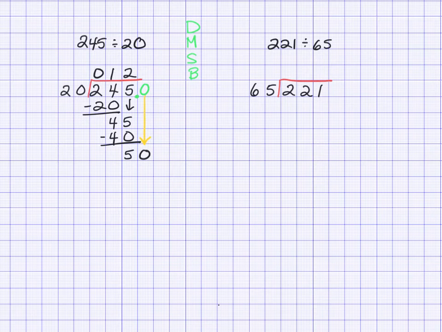So after I bring down, I'm going to go back up to divide. I've got a 50 divided by 20, and that goes 2 times. 2 times 20 is 40. And when I do my subtraction, I end with 10. Again, remainders are so 5th grade. We're not going to keep that remainder.